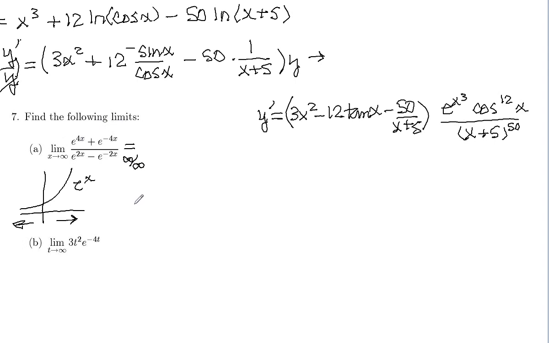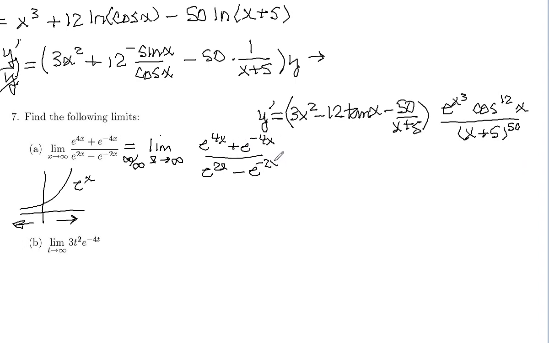So actually what we want to do on this one is multiplication on the top and bottom. And what we want to do is have negative exponents everywhere we can get them. So this is going to be equal to the limit as x goes to infinity of e to the 4x plus e to the negative 4x over e to the 2x minus e to the negative 2x.